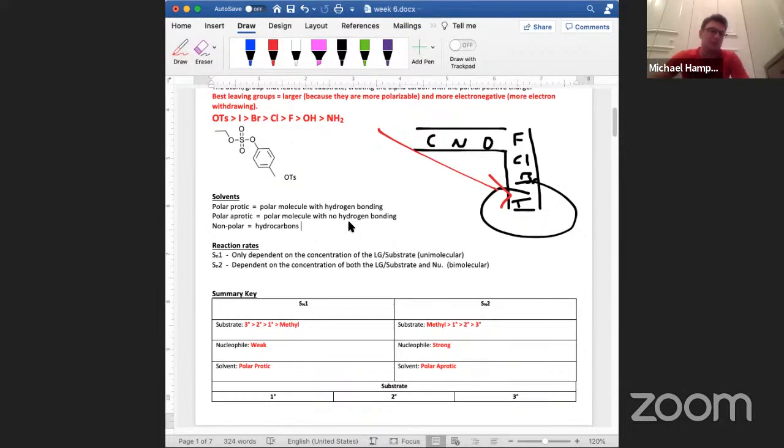If you're polar aprotic, you're polar, obviously, and you don't have hydrogen bonding. A lot of people overthink giving and taking a hydrogen to determine whether it's polar protic or aprotic. It's hydrogen bonding. If it has hydrogen bonding and it's polar, then it's polar protic. Cool.